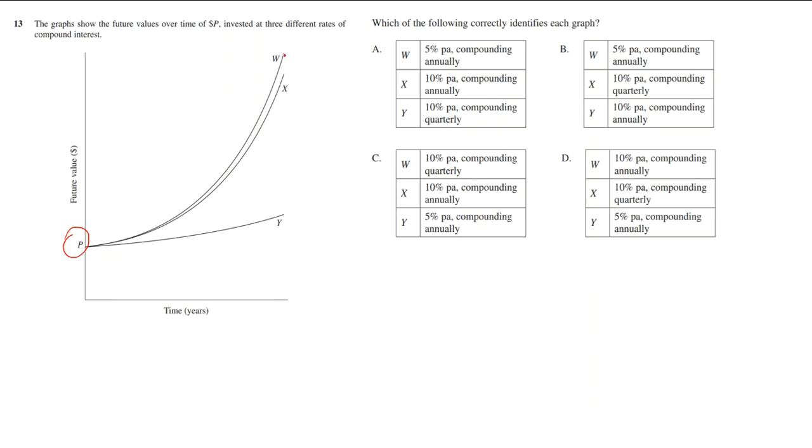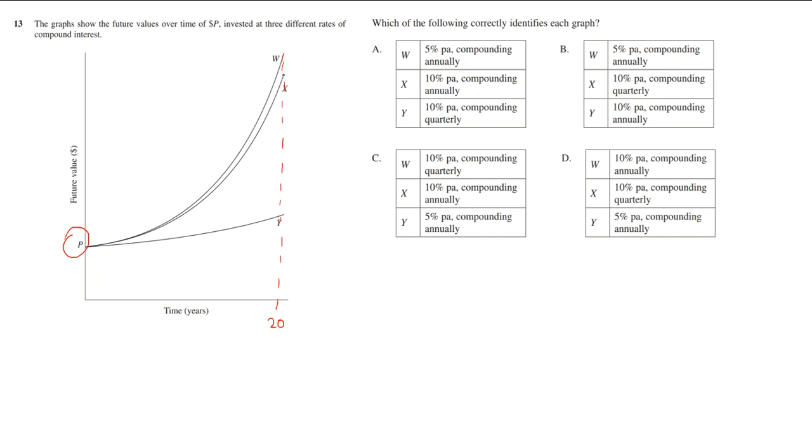So if this is a point in time, say, sorry, I'm drawing it by hand, so my straight line is not that straight. But imagine this is a straight line, right? Say this is after 20 years. So after 20 years, you want to look at which of the investments gave you the highest return.